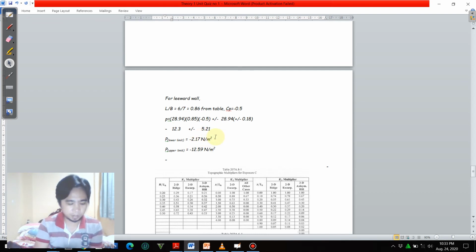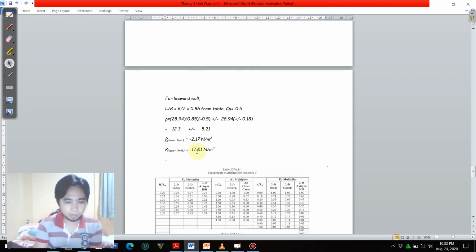If we have a minus sign, 12.3 minus 5.21, we have negative 17.51 as our limit.